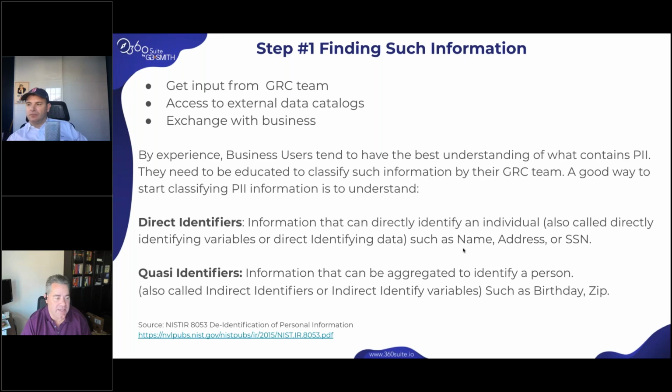One is direct identifiers, information that can directly identify an individual, right? And Bruno, you touched on this earlier. That goes back to name, address, social security number, IP, those kinds of things that we all have started to realize. And then the second group is the quasi identifiers, information that could be aggregated to identify somebody, right?